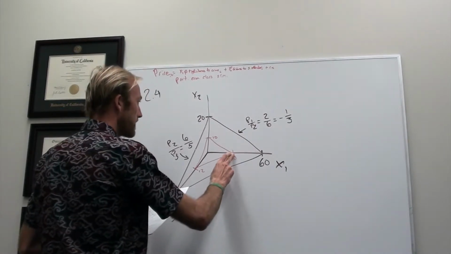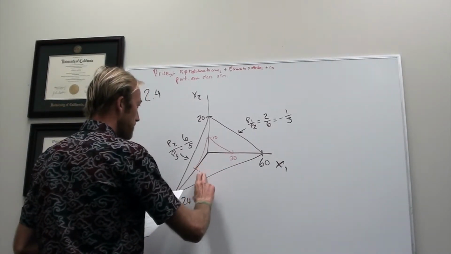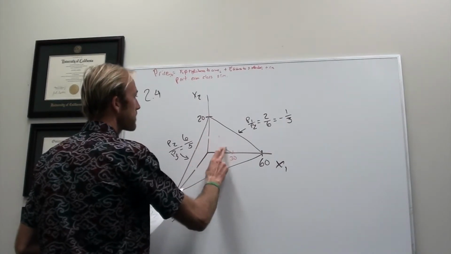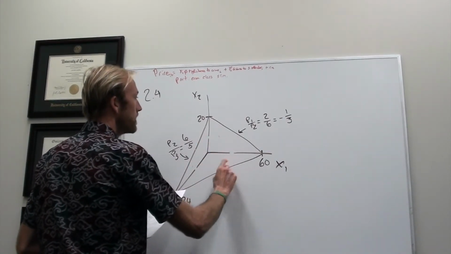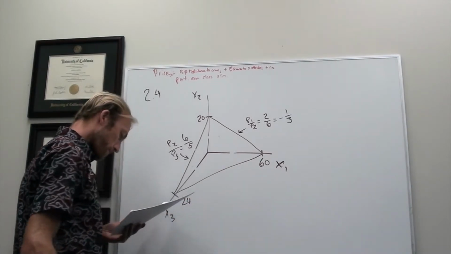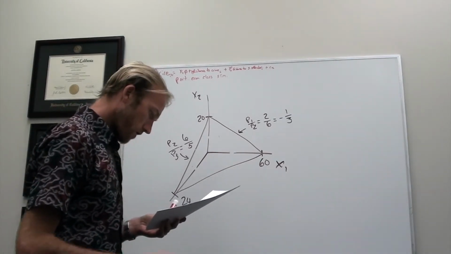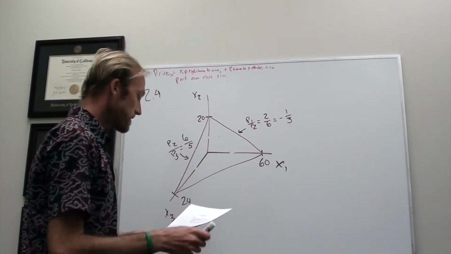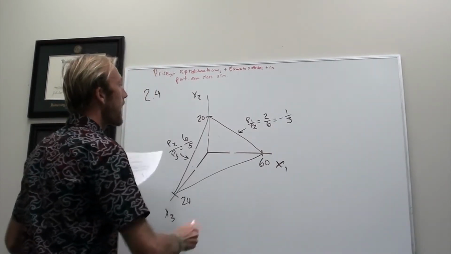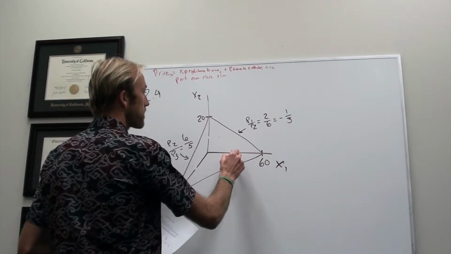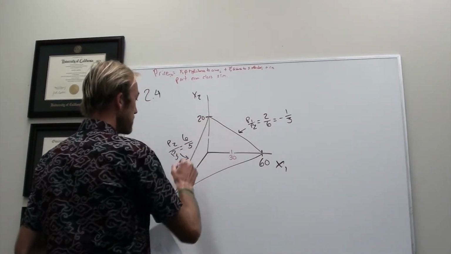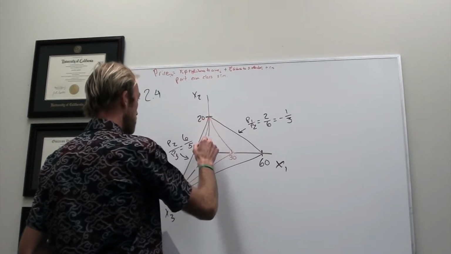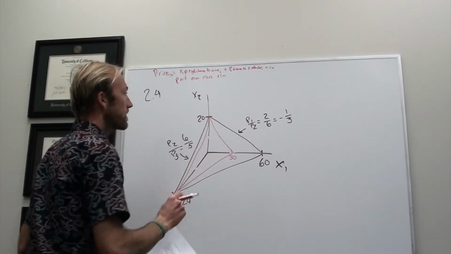Alright, next, let's take away this income change and see what happens if the price of x1 rises to 4. Basically, if the price of x1 rises to 4, I am only going to be able to afford 30 of it. These intercepts will stay the same, and I will have something that looks like this.